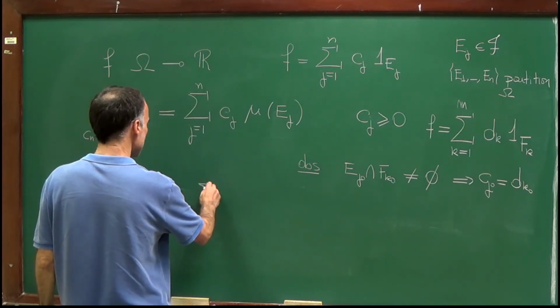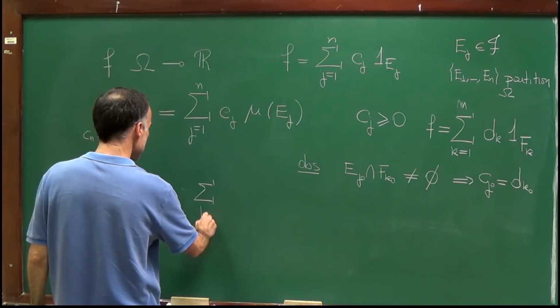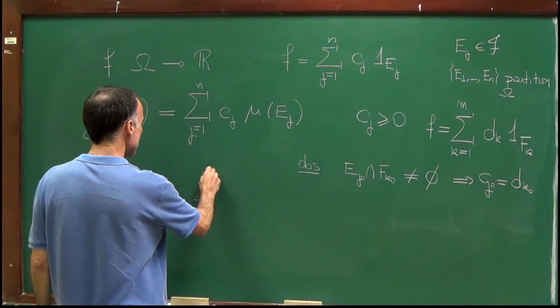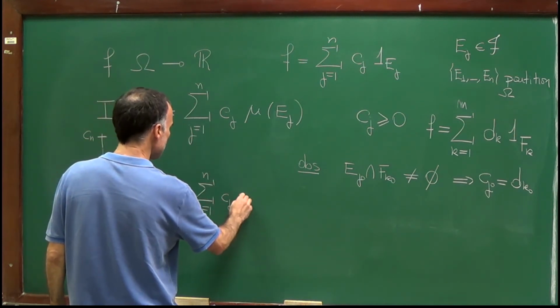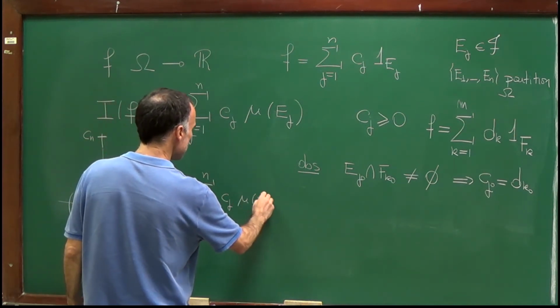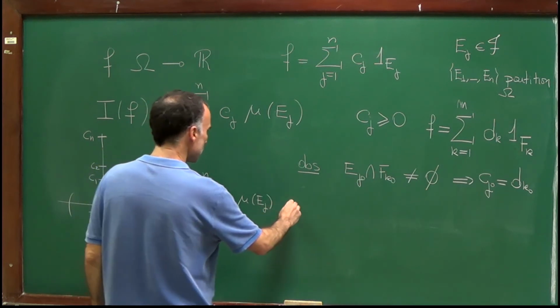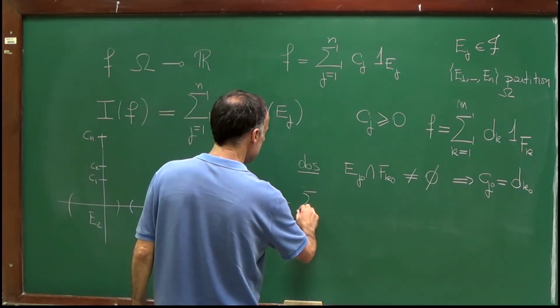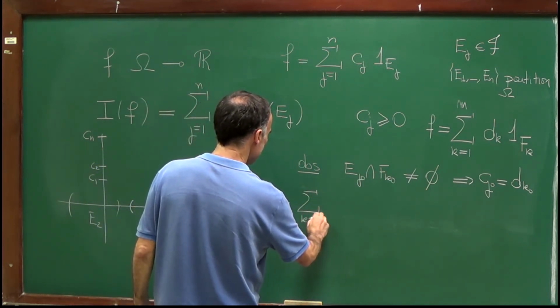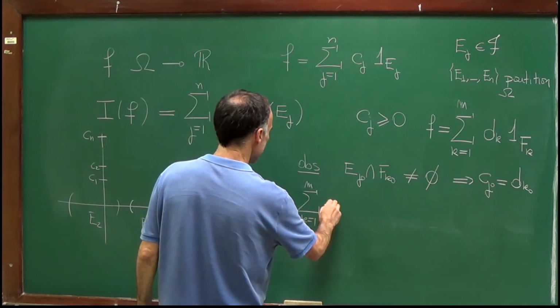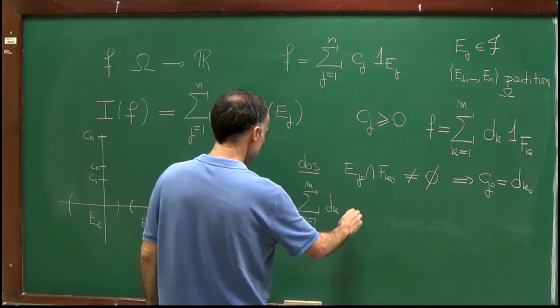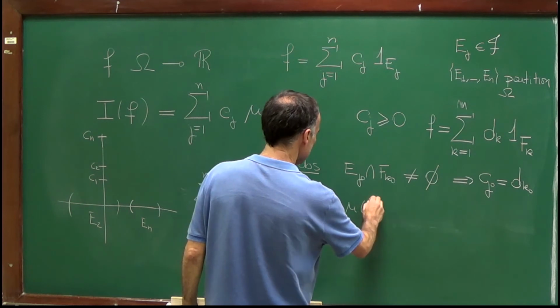This means that I need to show that the sum from 1 to n of Cj mu of Ej is equal to the sum from k from 1 up to m of dk mu Fk.